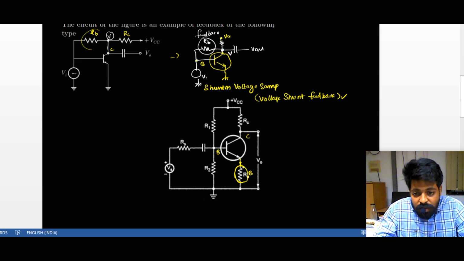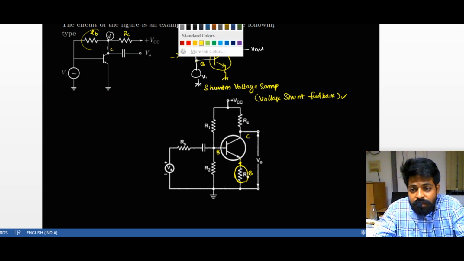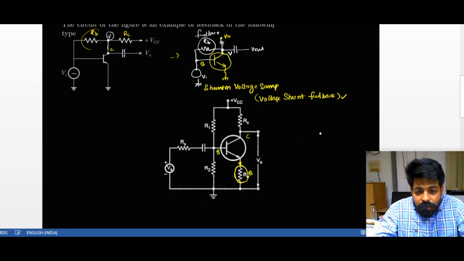Let us suppose, my beta network is taking the sample from which node? From the same node. If my transistor is like this, this is the electrical node and this is my beta network, that is your RE.